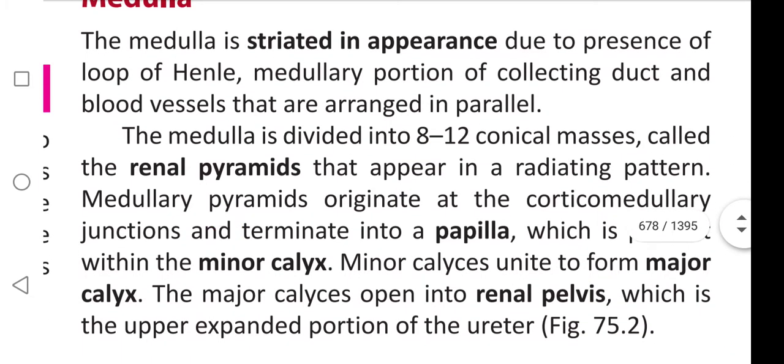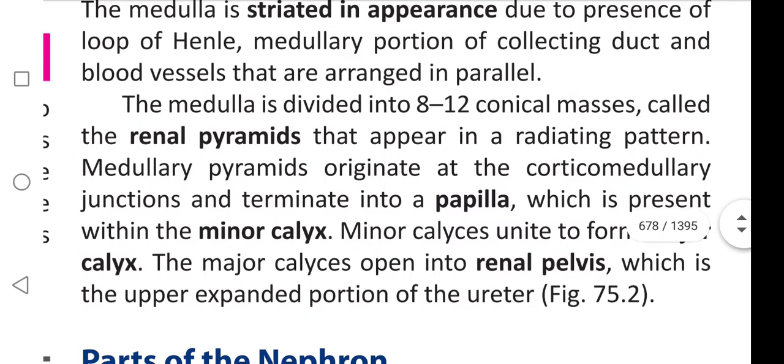I will also show you the diagram. First see this. The medulla is divided into 8 to 12 conical masses called renal pyramids that appear in a radiating pattern.